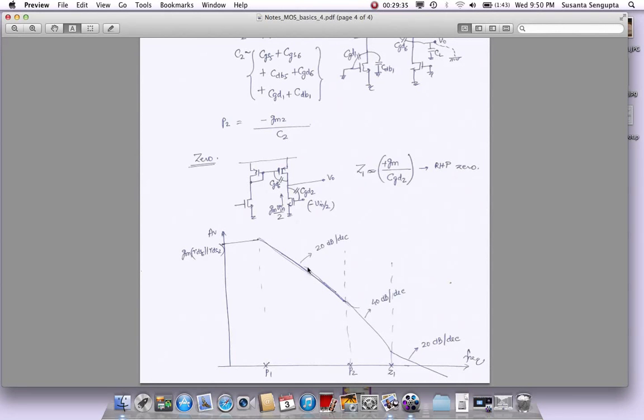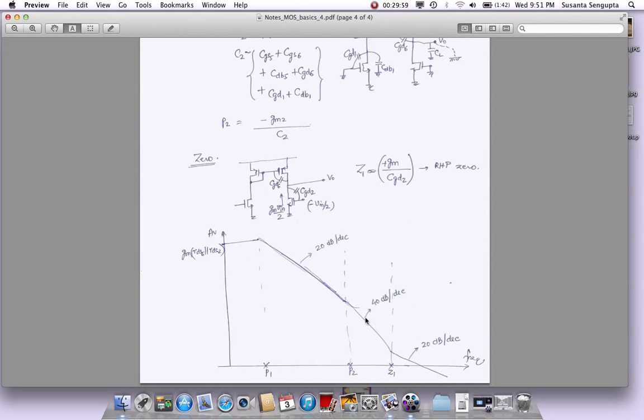So P1, it was going down at 20 dBs per decade slope, negative slope. Then at this point it actually starts falling sharper. Now my drawing looks like as if it's going straight, but at this point it will change to 40 dBs per decade slope. Even though the plot doesn't look like this, it will change and start going sharper. Then at some point it will hit the zero that we calculated, where again it will tend to move up, right?